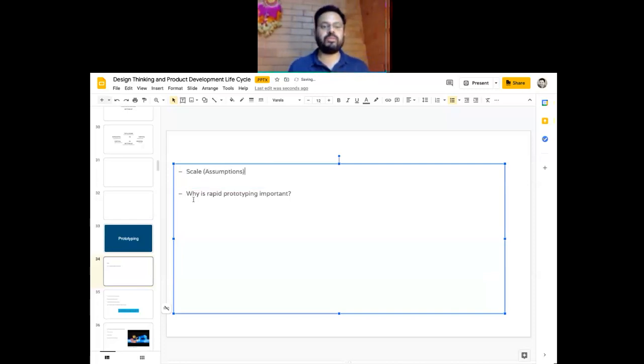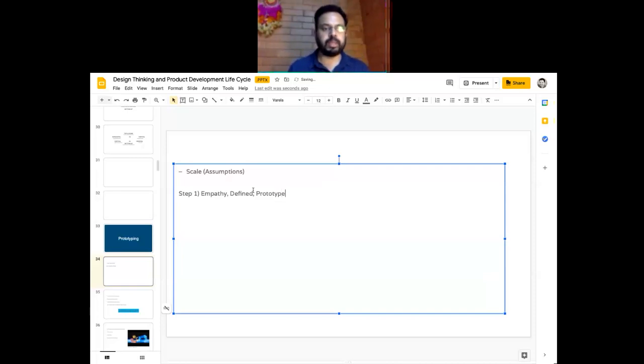First and foremost, let us rapid prototype the problem statement of building the thing. What we did in step one: we did empathy, then we defined, then we ideated and created a prototype, and so on and so forth.